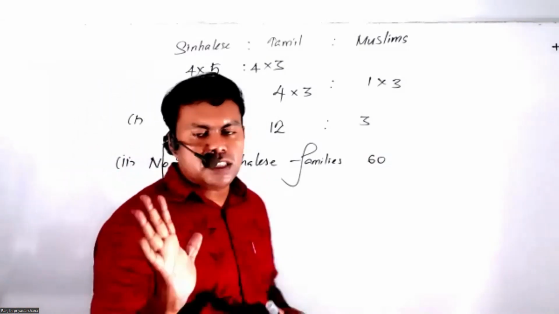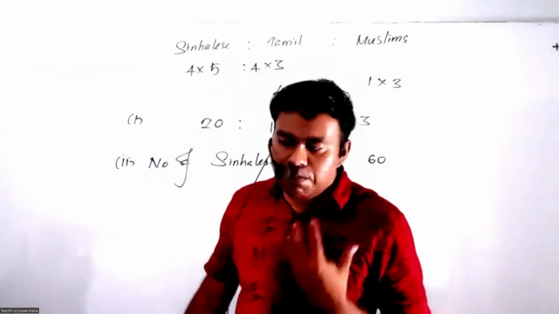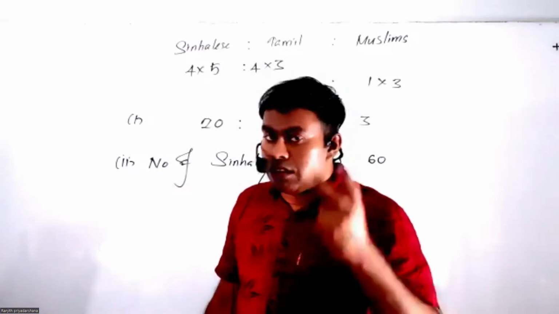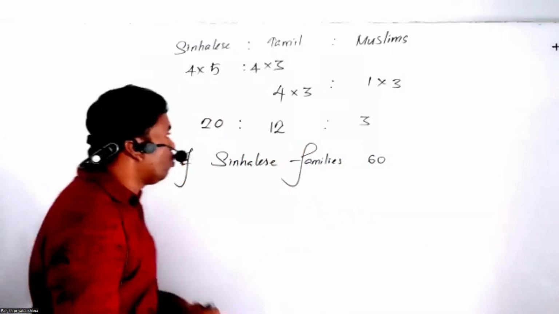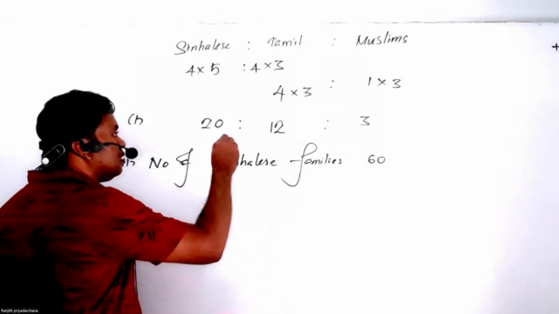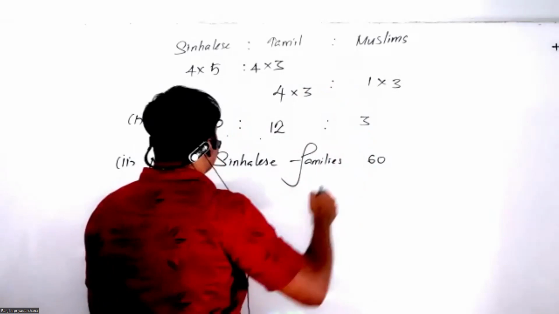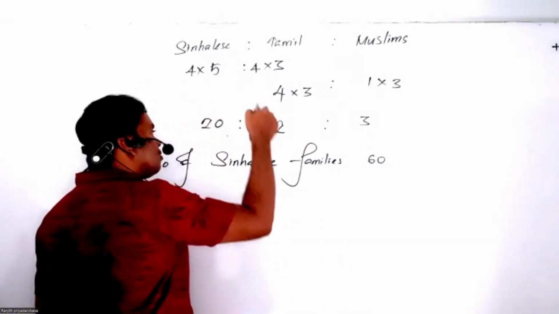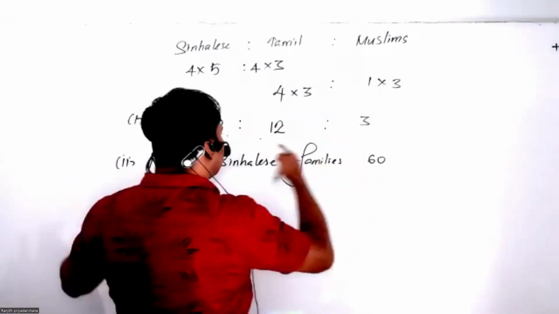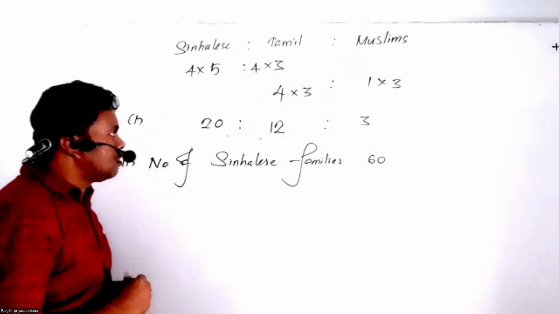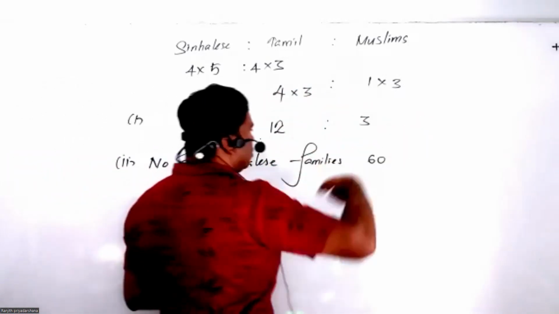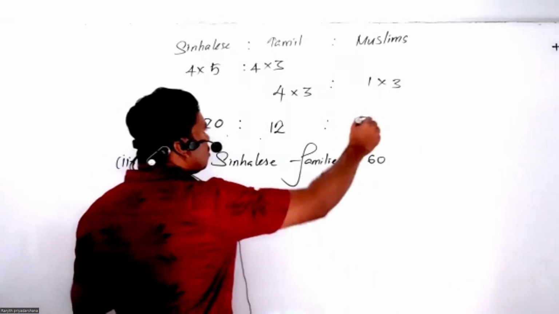So in this ratio calculation, simply keep in your mind that there are two types of calculations. One is individual ratios. If this is 12, the other one is 3. If this is 20, the associated other one is 12. So they are linked together individually. As well, when you get the total to individual, that is also another ratio.